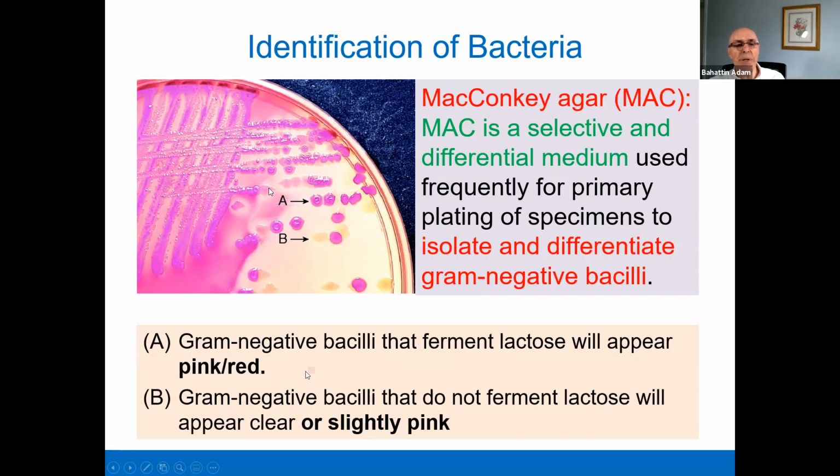Here you see the slightly pink colonies, and here you see the clear, non-colored colonies. And then you know that E. coli is only able to use lactose, and then you will be able to say that these are E. coli growing on these plates.